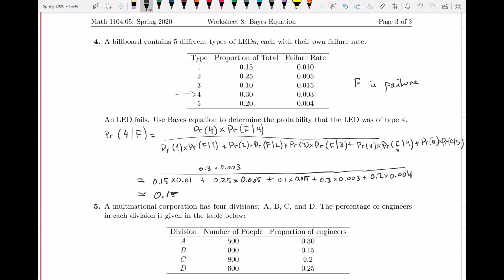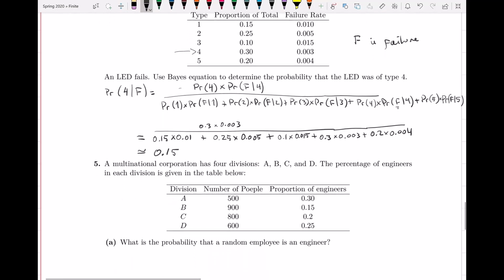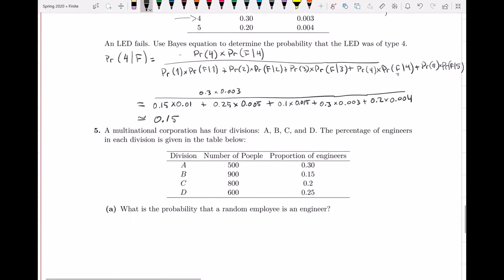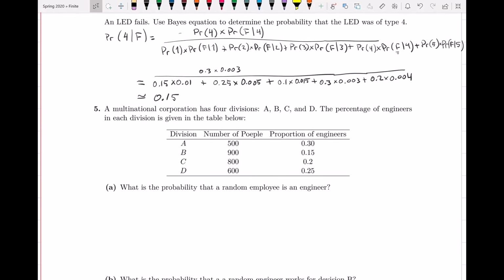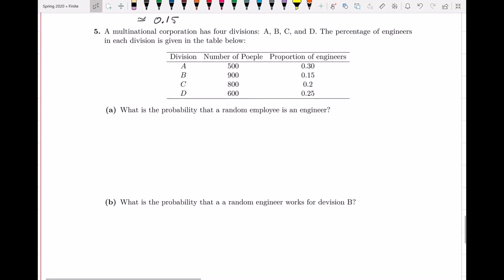So the last problem, question 5, is of a similar nature. Except the situation is slightly different.